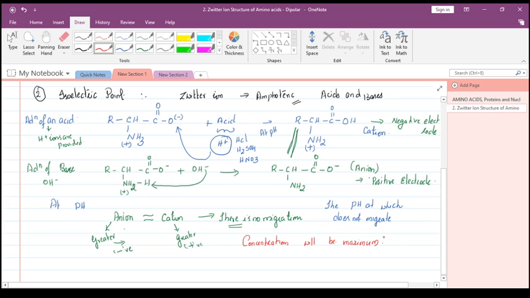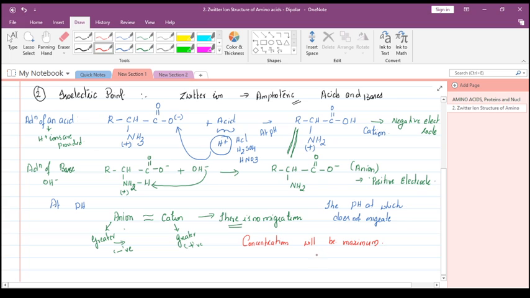The isoelectric point is an individual characteristic of an amino acid. Each amino acid has a different isoelectric point. It is a unique identity of that particular amino acid, and it depends upon the basicity of the amino group and the acidity of the carboxylic group.